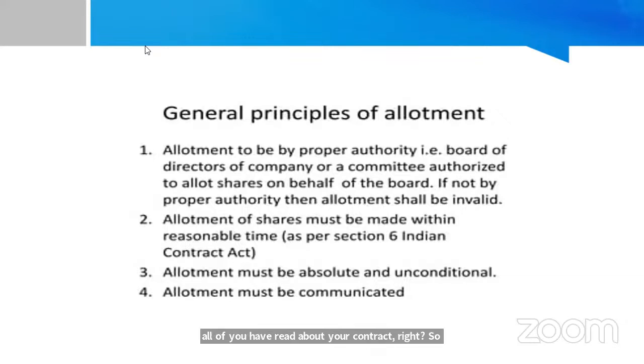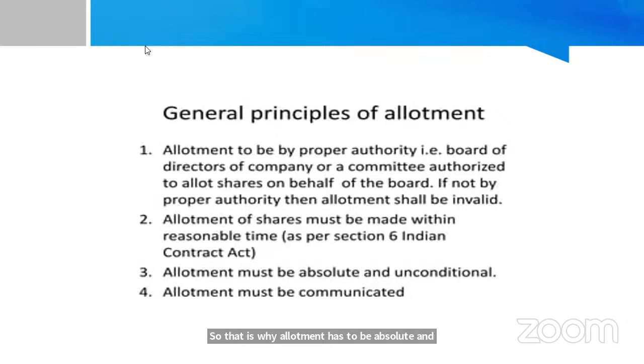Under the Contract Act, there is something called offer and acceptance. When you are applying for the shares of a company, that is actually the offer that you are giving to the company. And when the company is allotting the shares, then the company has accepted your offer. Under acceptance, there is a rule that acceptance has to be absolute and unconditional. So that is why allotment has to be absolute and unconditional.